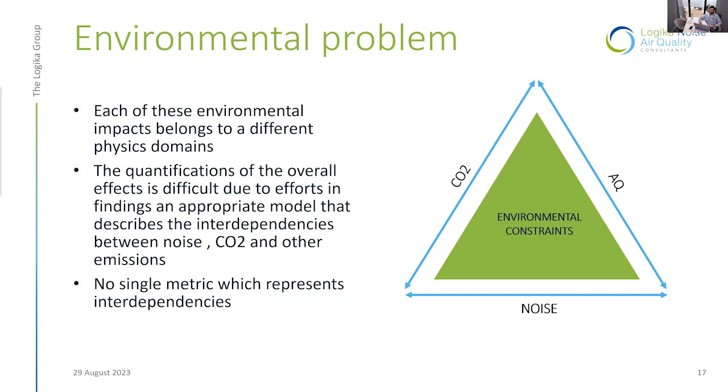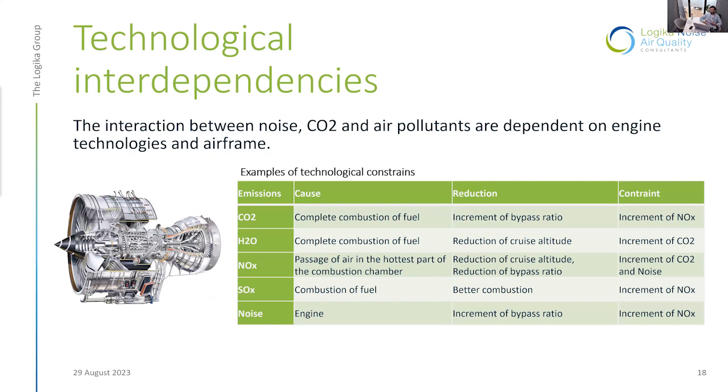So when we talk about environmental interdependencies for aviation, we can differentiate them into technological interdependencies. These are the interactions between noise, CO2, and air pollutants. They are dependent on the engines, technologies, and the airframe.